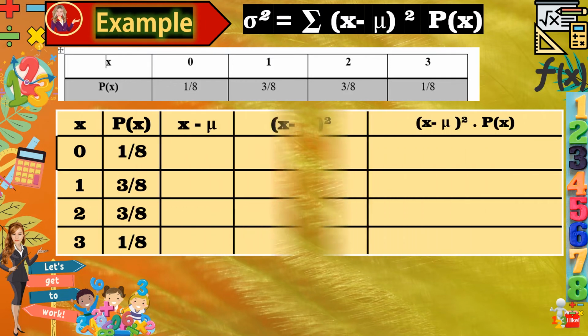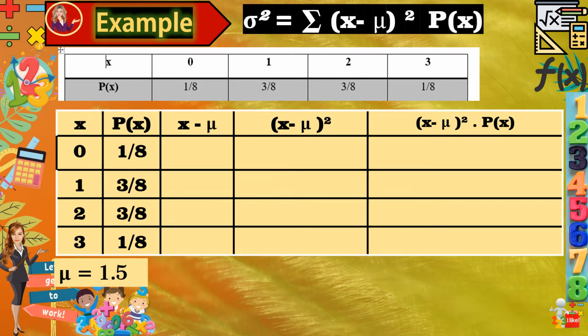So these are the steps. We have the x here for the first column. Then the second column is your p of x. Let us now write the given mu, and we computed that already. So we have 1.5. Then after that, let's get the difference between x and your mu.